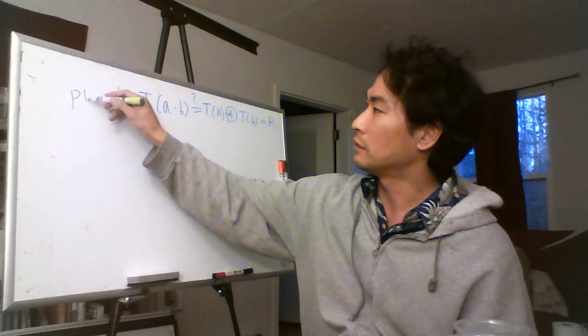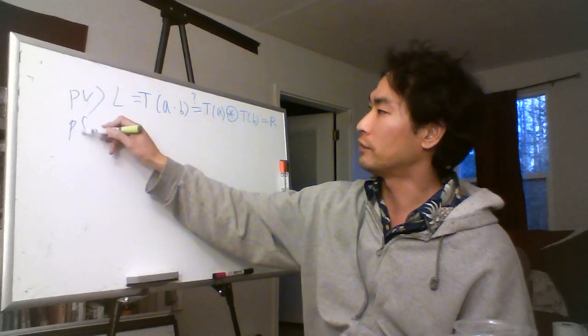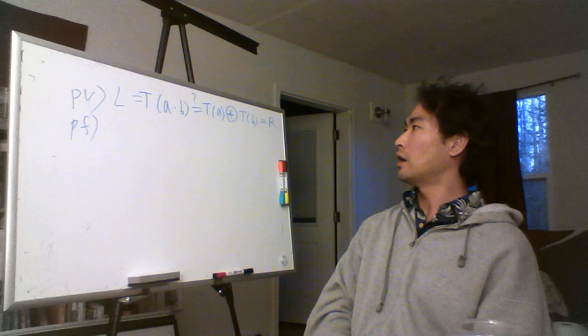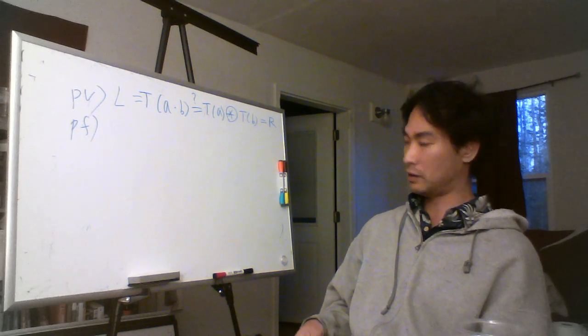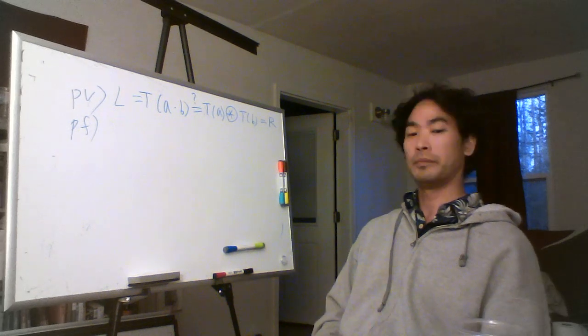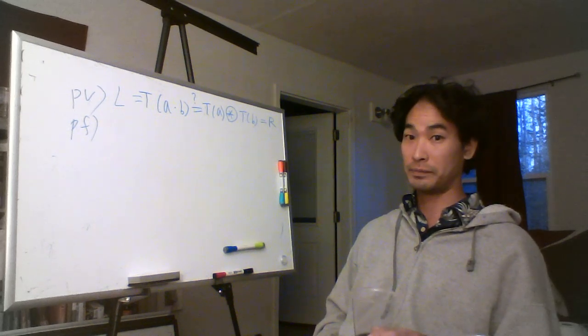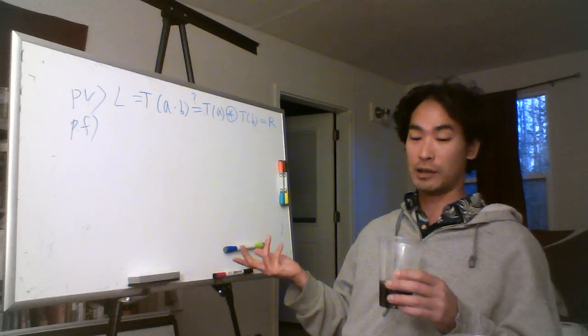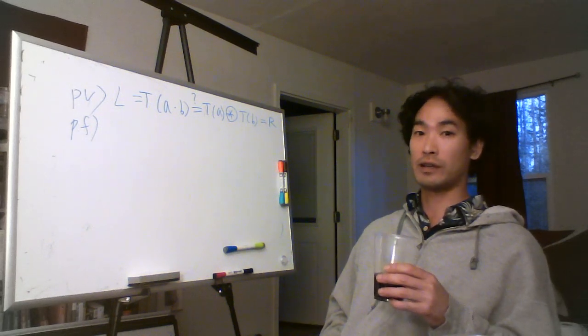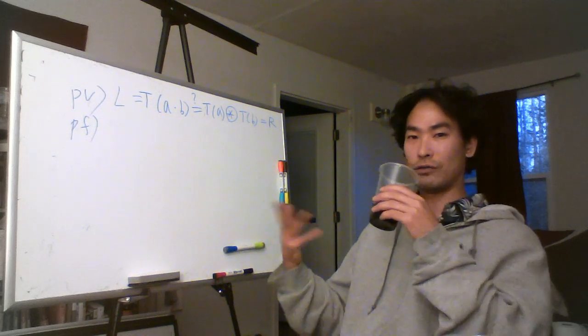Prove this. Okay, here's the proof. It shouldn't be very difficult at all because we just learned this brand new proving technique that we named the counting proof technique. We just count the numbers.